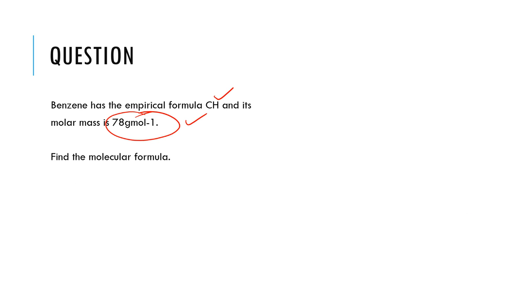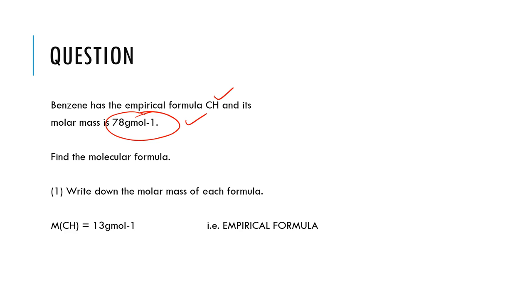What we're going to do is work out the molar mass of each formula. The molecular formula is 78 grams per mole. But if I work out the molar mass of each unit, so the molar mass of each individual brick, it's 13 grams per mole.